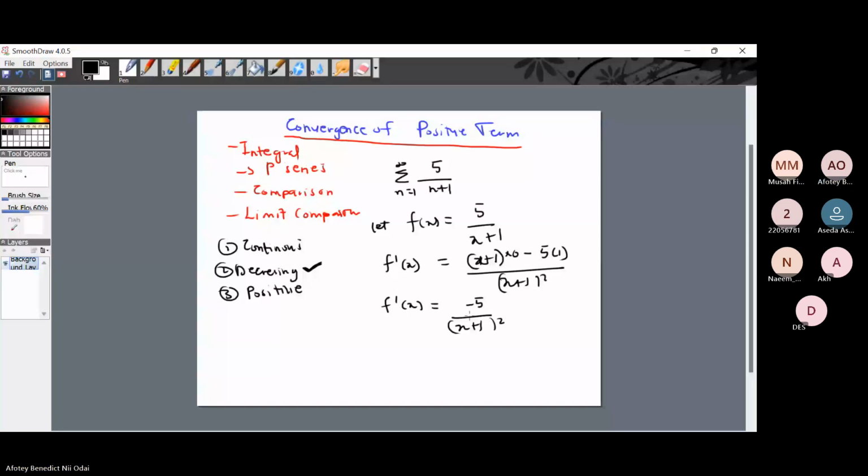Negative doesn't mean it's no longer positive; it means you satisfy the condition of the series being decreasing. Now we've done the decreasing part.